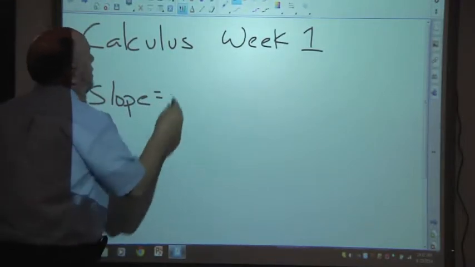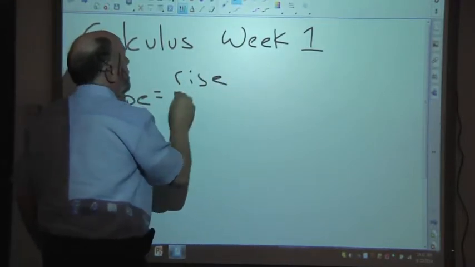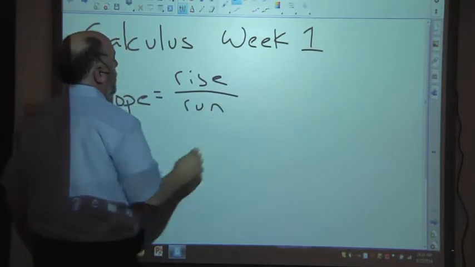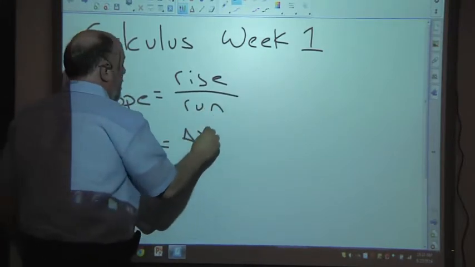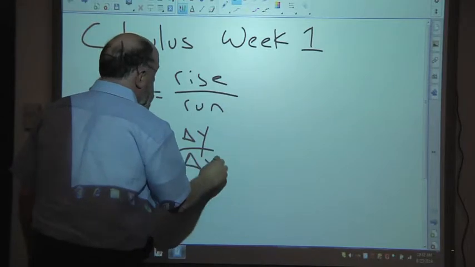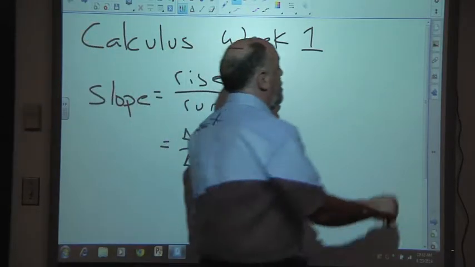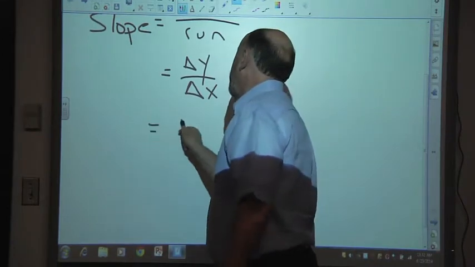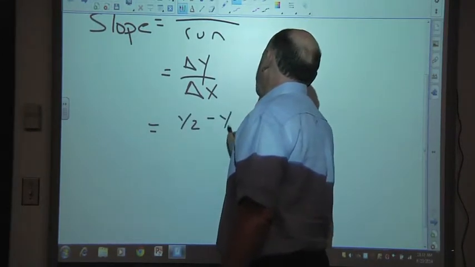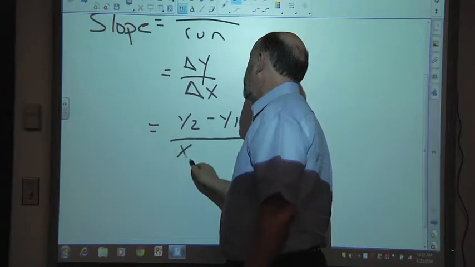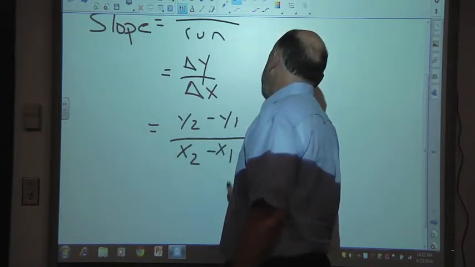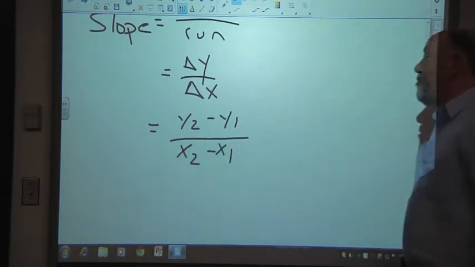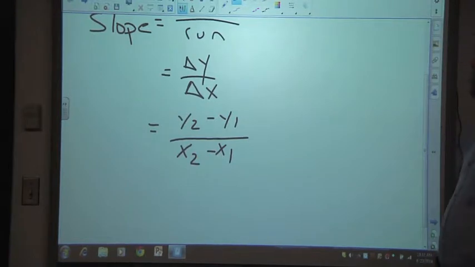Slope is given as rise over run, the change in y over the change in x, which in terms of a formula becomes y2 minus y1 over x2 minus x1. Everybody should be familiar with that, having seen it before.